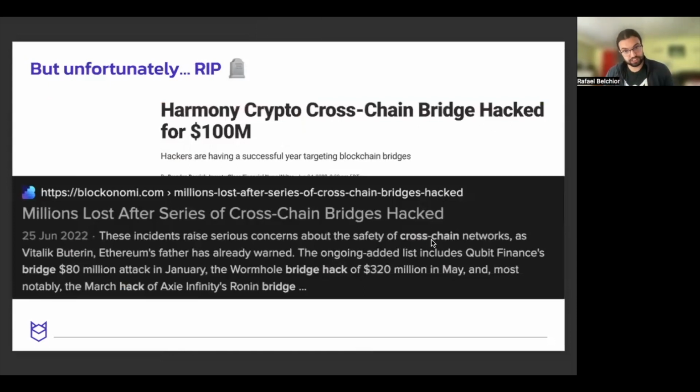But unfortunately, bridges have been constantly and consistently hacked throughout the last 2 years. We've been witnessing millions and millions of dollars, more specifically around 1.5 to $2 billion, lost to hacker attacks.